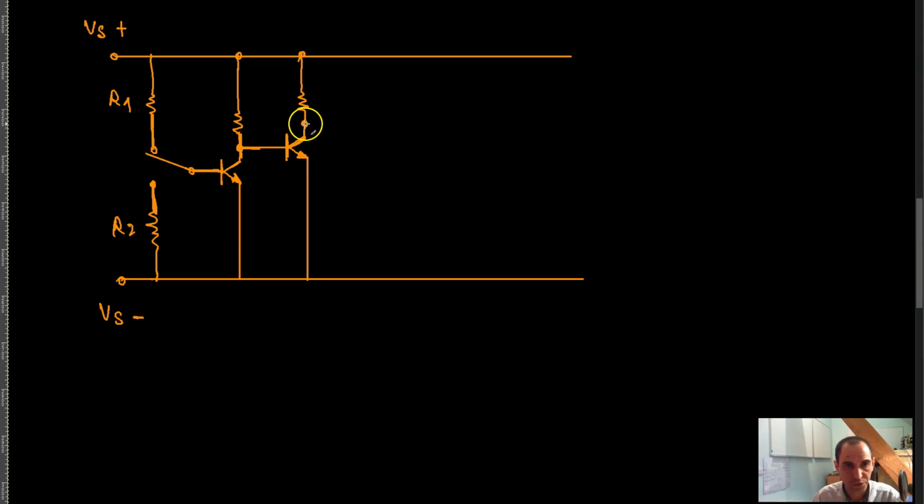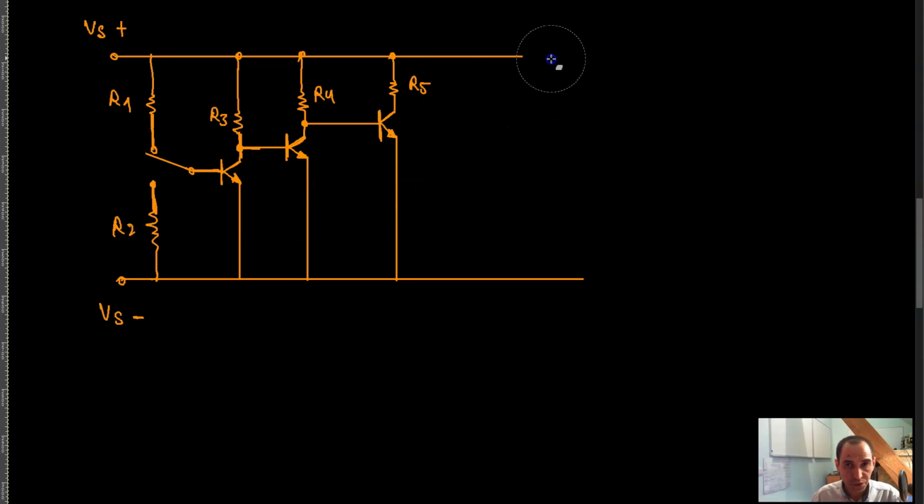Again, the voltage from here, we give to the base of a third transistor, the emitter goes to the ground, and the collector goes through this resistor to the positive rail. That's basically what this circuit does. I can call these resistors R3, R4, and R5.